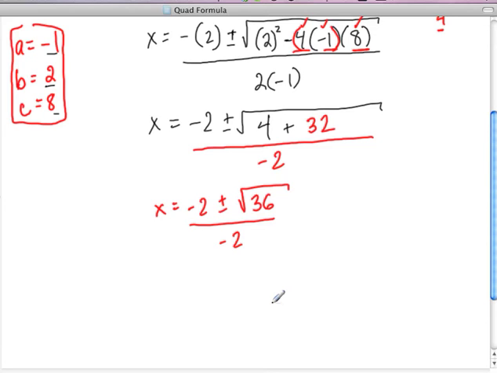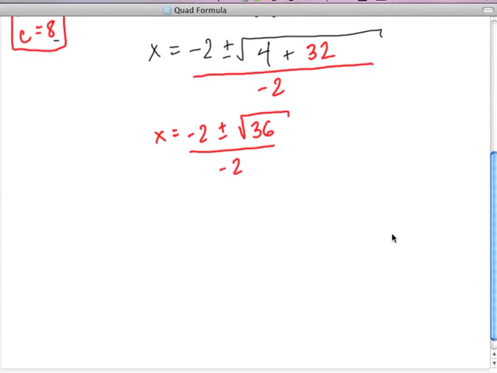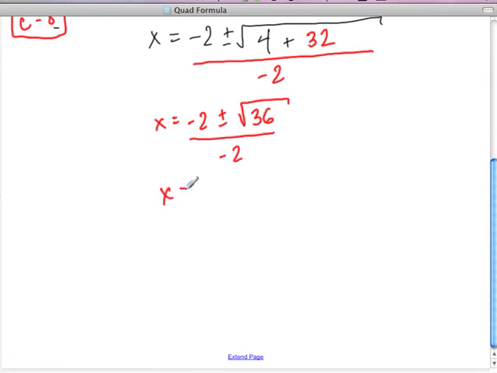So, hopefully we learned our square roots when we were a little bit younger. X equals negative 2 plus or minus the square root of 36. What times itself equals 36 is 6.